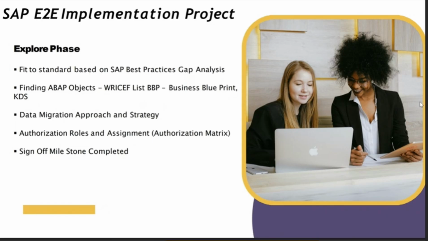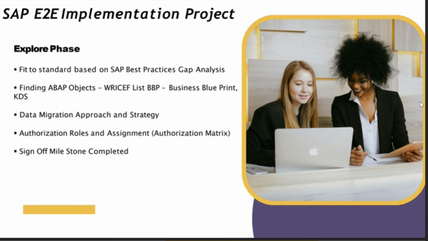So what kind of data? Data will be master data or transaction data, right? What is master data? Every module has master data. For example, in the FICO module, what are the master data? Can anybody explain? GL master data.